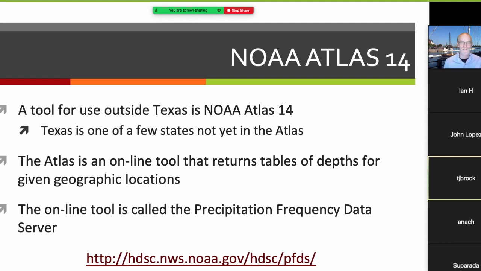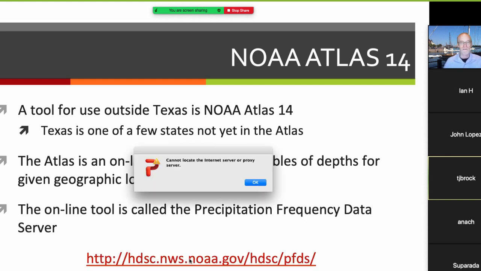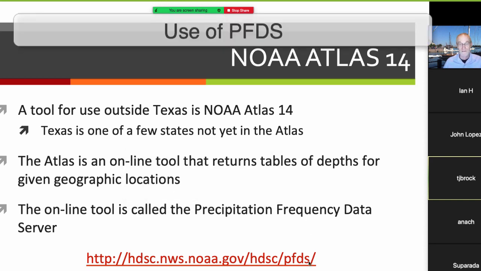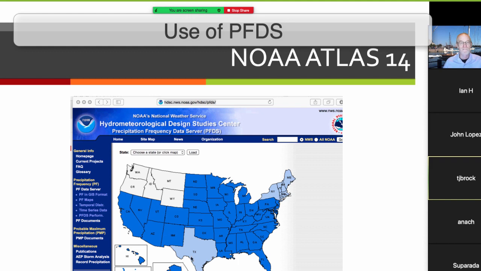This is an online tool that produces tables of depths for given geographic locations, and it's called the Precipitation Frequency Data Server. And with any luck, I'm going to click on it, and it's going to fail. That is annoying.